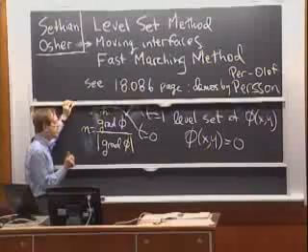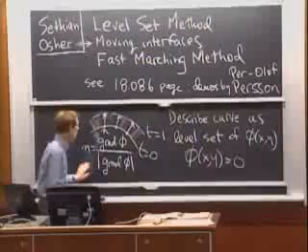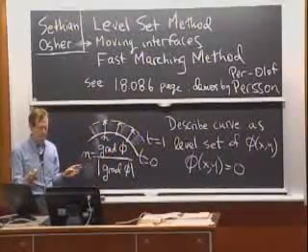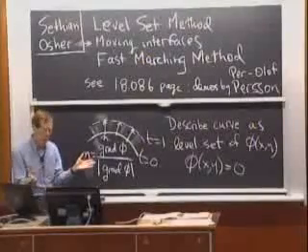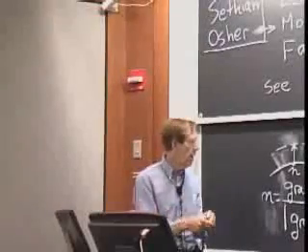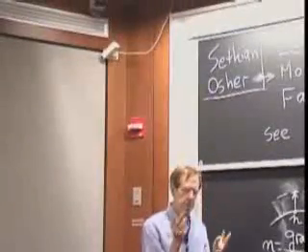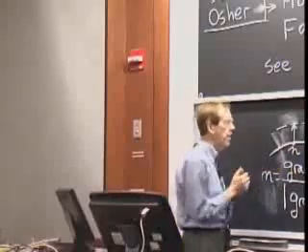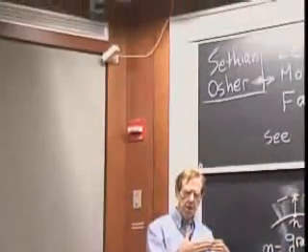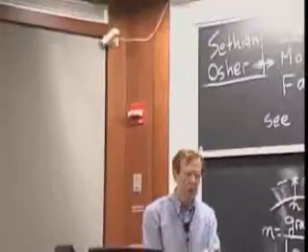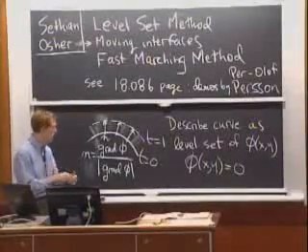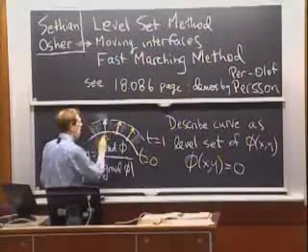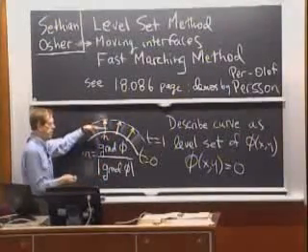Okay, so what's the idea? Here's the curve, the shape, the interface that's moving. Imagine there's a wall of fire here, a moving fire front. Then that fire front will move normal to itself to some later position at time 1.